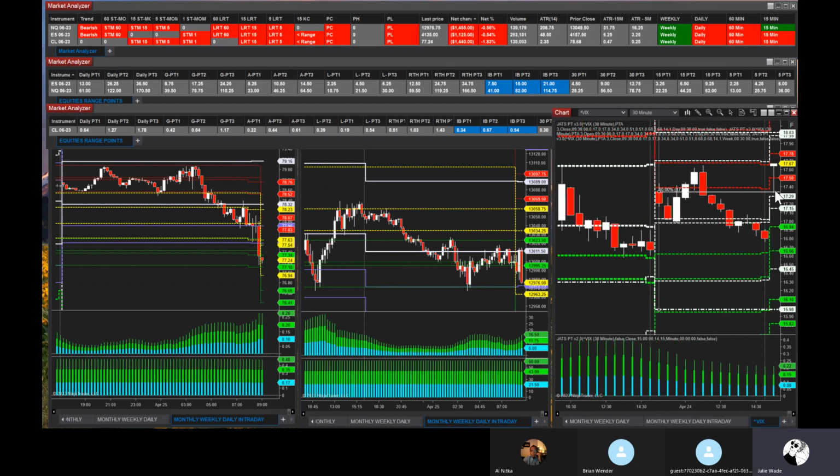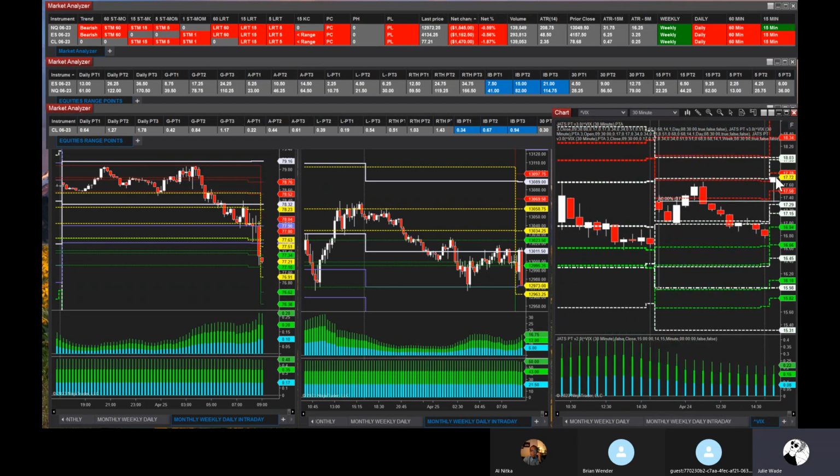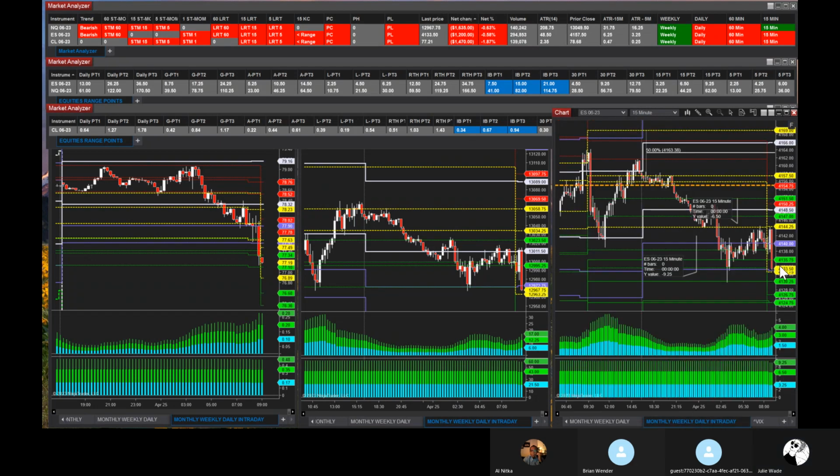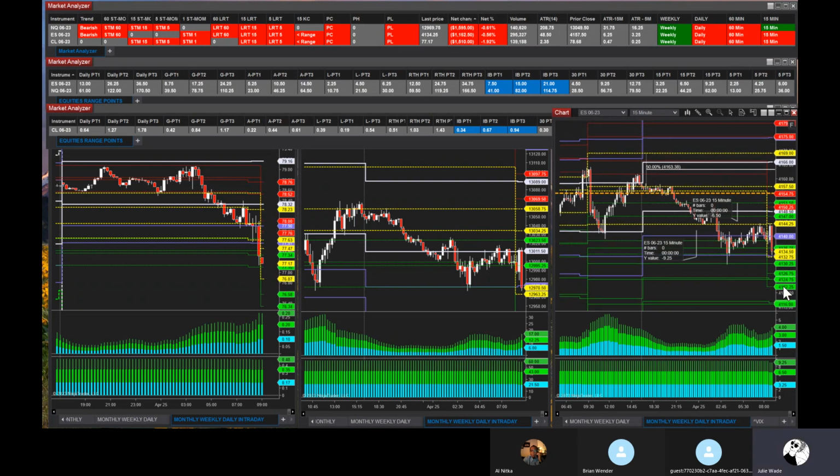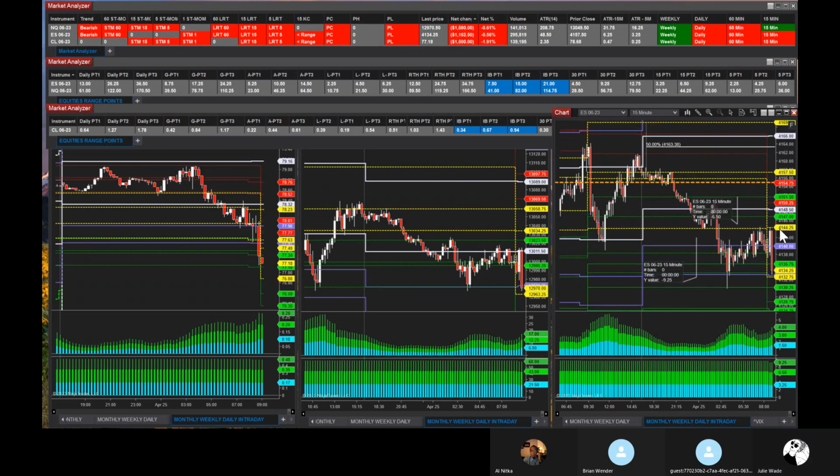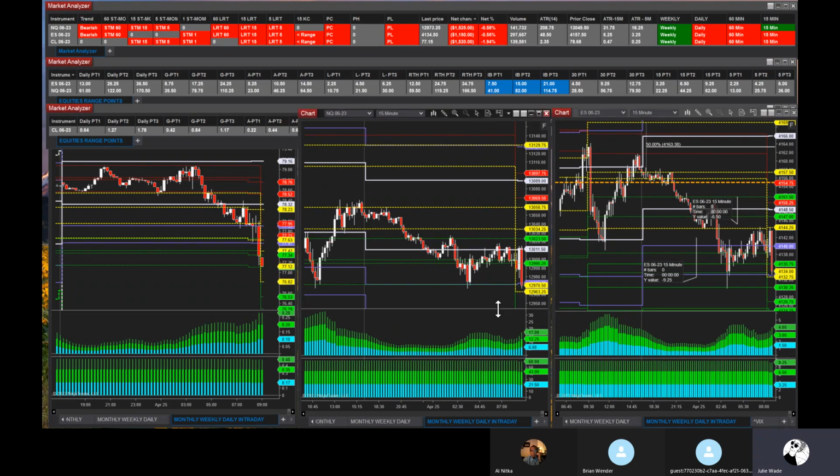It popped right on the mid-band, started climbing. Now we're back down to the PT3. And the volatility is expanding a little bit. We're so low at 4. I mean, that is so ridiculously low. Same with 17. It's low.